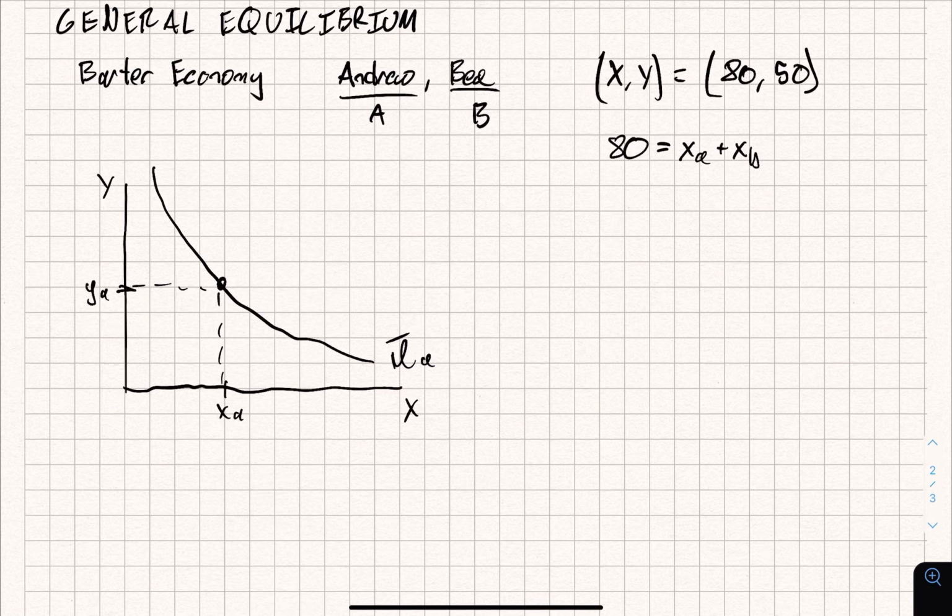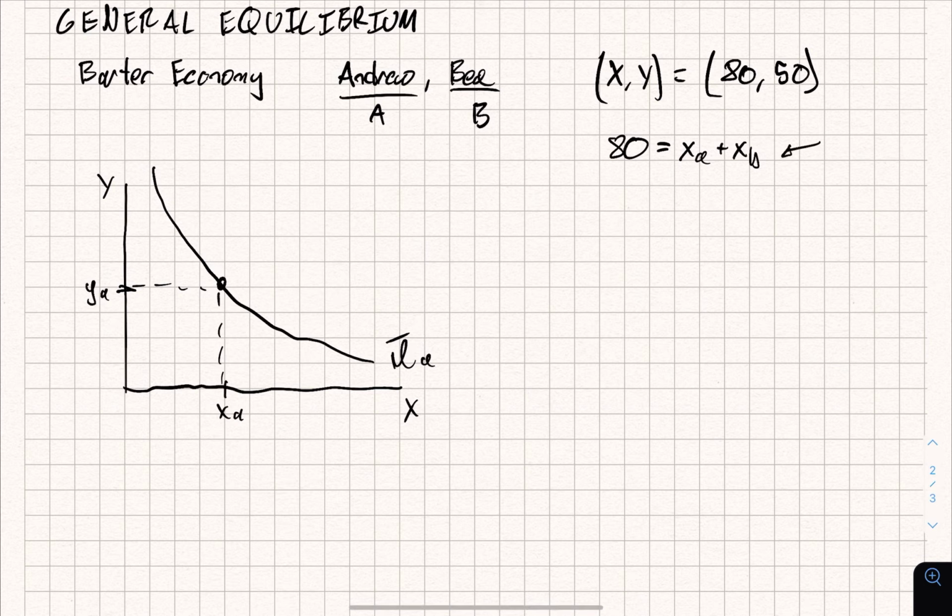And this is a simplification only in the sense that we're restricting our attention to only the allocations that don't waste anything. So as long as these goods are good, then we want to consume everything.